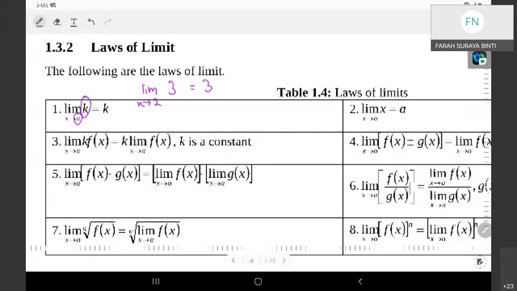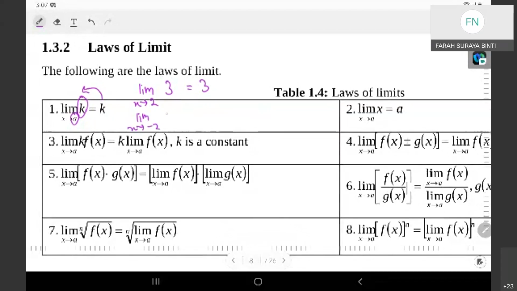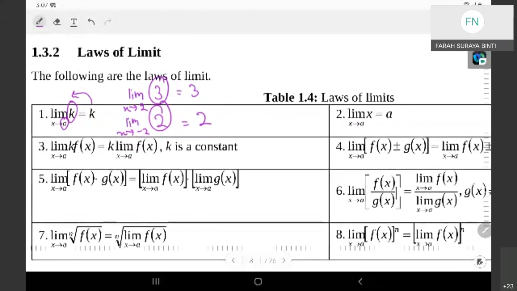So jawapan dia 3. Jawapan dia adalah ikut function dia, only if the function is number. Tak ada variable. Okay, contoh lain, limit x approach negative 2, function dia 2. So jawapan dia 2. Awak tengok function dia tak ada variable. So bila function dia tak ada variable, jawapan limit dia tak kisahlah limit x approach berapa, jawapan dia sama dengan function tersebut. Okay, faham tak law yang pertama ni?